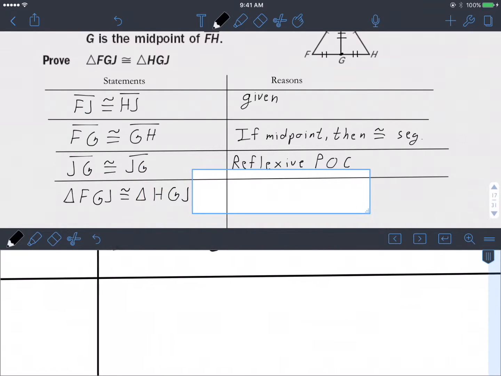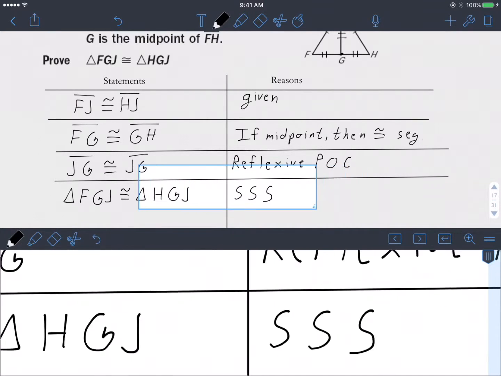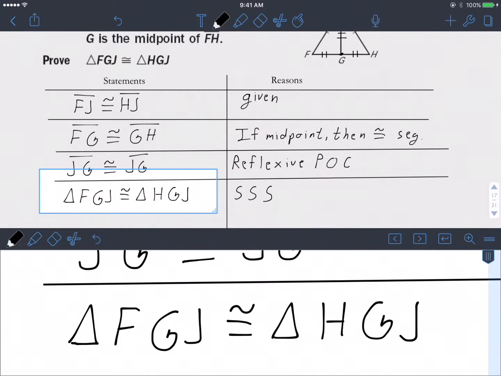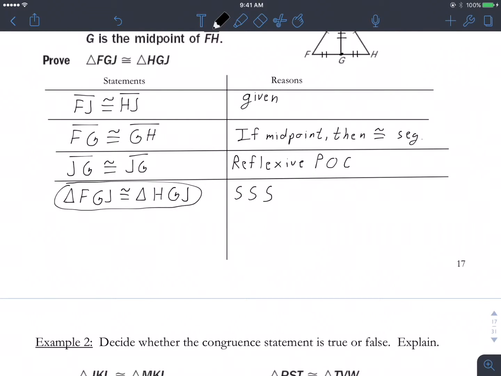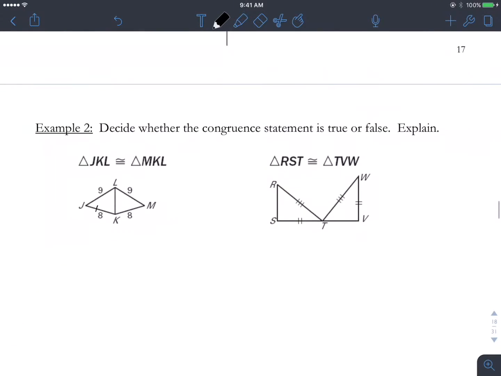And we can say that because all three sides are congruent. Just write SSS and we are done with this proof. And we'll talk more tomorrow. If you have any questions, we'll talk about it tomorrow.